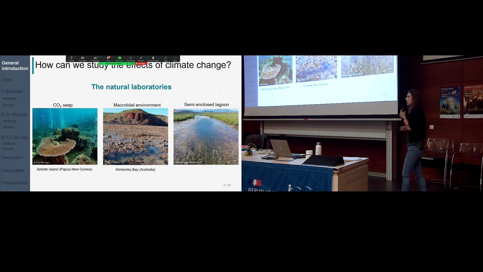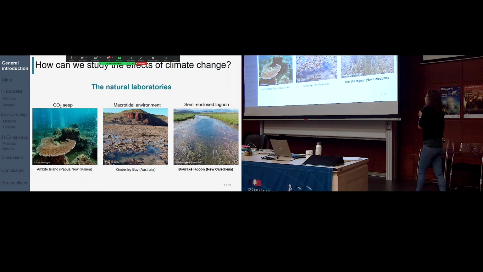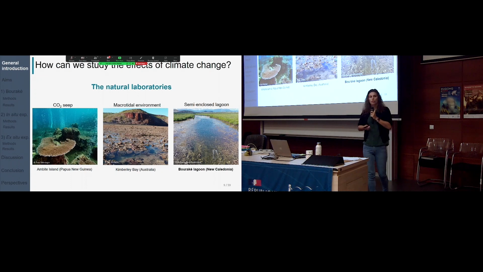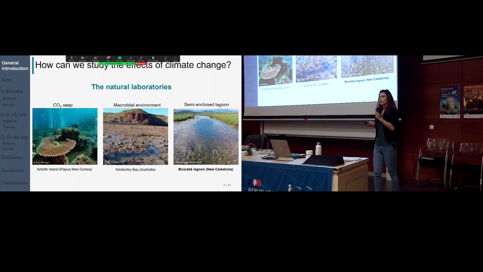Here, in New Caledonia, we have one of these natural laboratories, the Bouraké Lagoon. In Bouraké, organisms are exposed to daily fluctuation of pH, dissolved oxygen, and temperature. And among coral reef organisms, sponges are particularly abundant. So this site was perfect for me to study the effect of extreme environmental conditions on sponge metabolism.